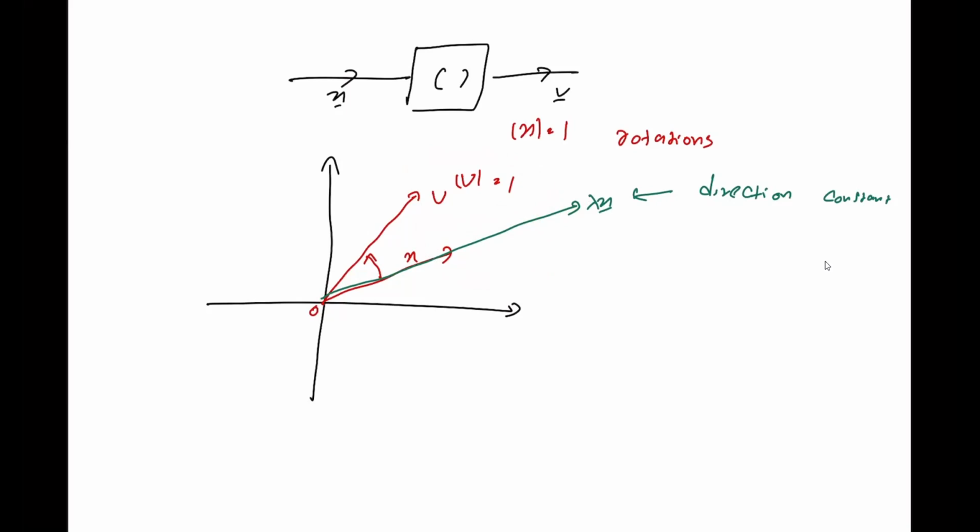If your vector transformation is something like Ax, those vectors we call eigenvectors, because if you give some input vector x and it outputs something like lambda x, it means it doesn't change the direction, only the magnitude. So this is the idea of an eigenvector.